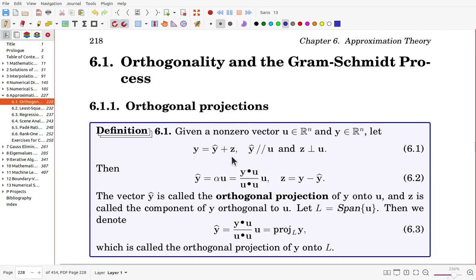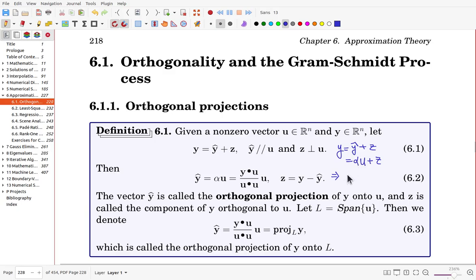We start with y hat equal to alpha u, so that y equals y hat plus z. Because y hat is parallel to u, it can be written in this form. First we have to decide alpha.